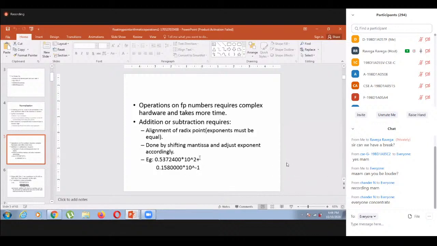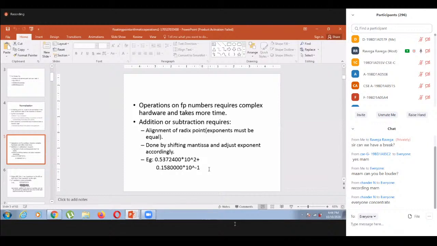So here, you can compare the exponent values. The first exponent value is 2 and the second exponent value is minus 1. So in this, first comes the alignment of the exponent values. The two exponent values must be equal. Then you can perform the addition or subtraction operations.